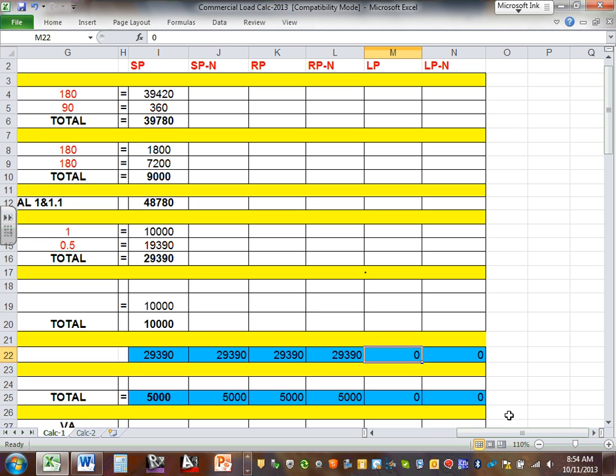Because the receptacle load is going to be fed from the receptacle panel. Everybody knows why there are zeros here? These two have zeros on them. So these will be only seen by the lighting panel, not the receptacle panel.